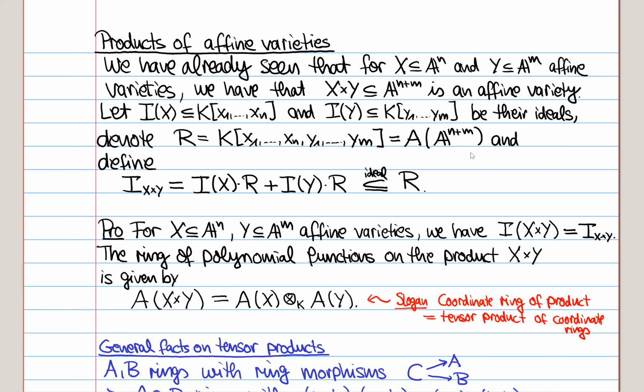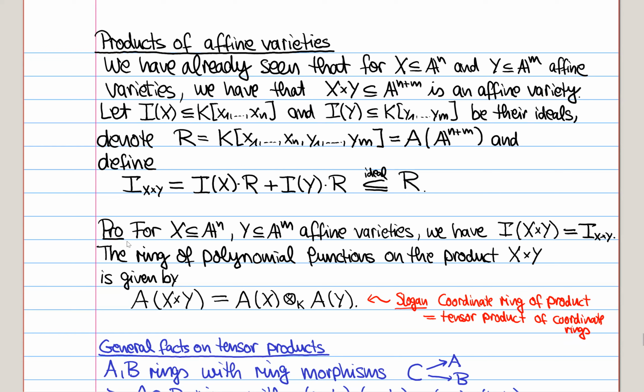And then inside there, we define an ideal which we hope will cut out X cross Y, which is, well, you take all the functions vanishing on X. So these will be functions just in these first variables, and then you're allowed to multiply them by arbitrary functions in R, and similarly for Y, and you take the sum of these ideals, and then clearly you get an ideal inside this ring R.